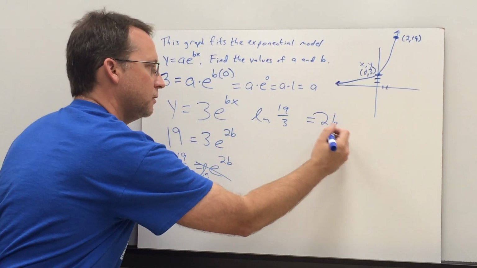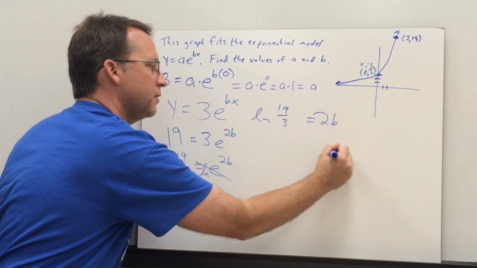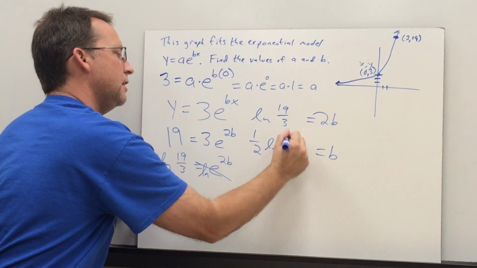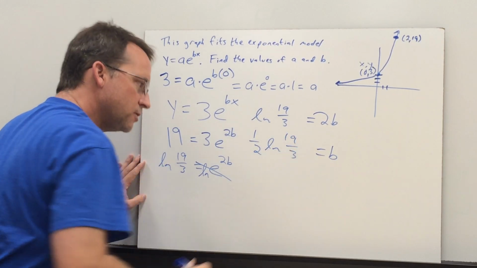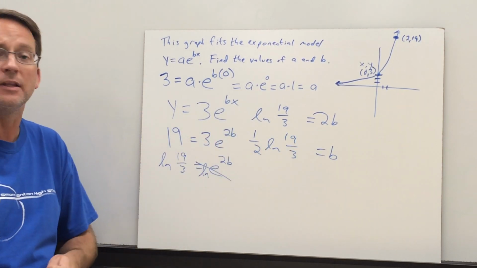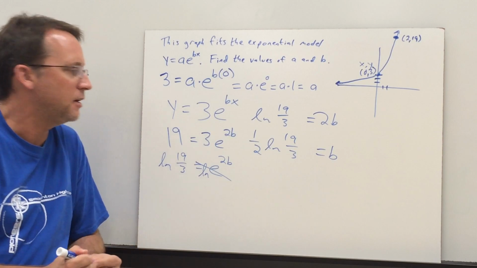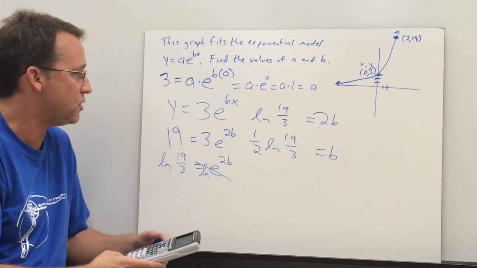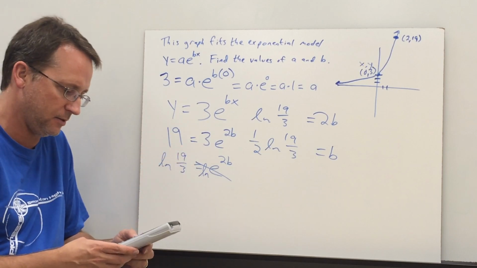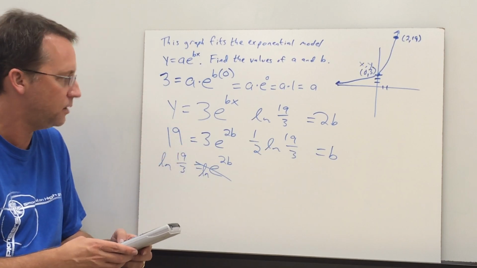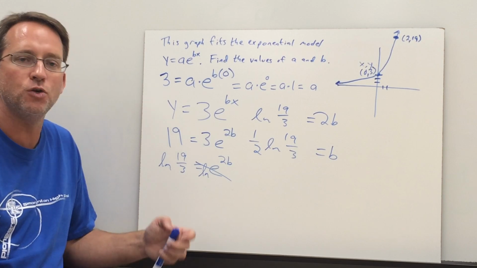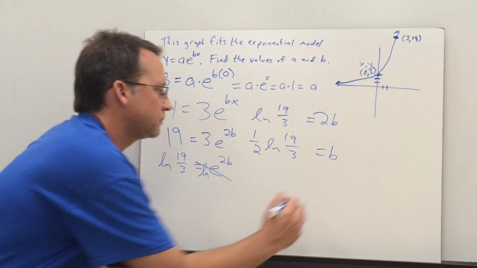Or maybe just think of it as taking a half of both sides. So b equals 1/2 ln of 19 thirds, like that. You can leave your answer like that without a calculator. If you've got a calculator, you can type that in. Or again, you can graph both sides of this. I've got 0.923 for the decimal.